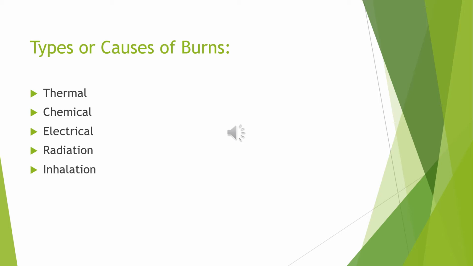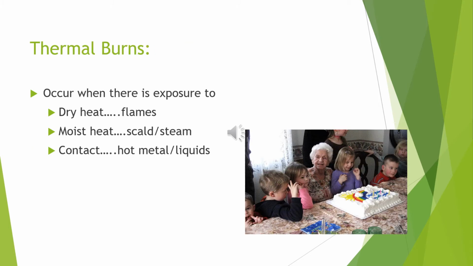Radiation would be sun or light or burns of that sort. And then inhalation would be from something that we have inhaled, whether it's smoke or whether we've inhaled some type of chemical compound.